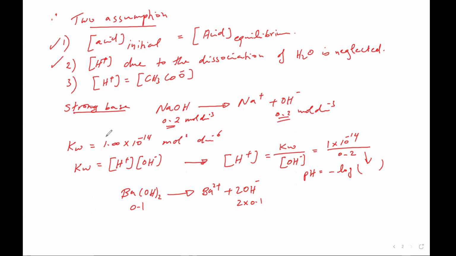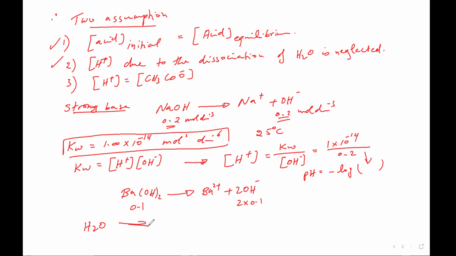Now the Kw has a specific value at 25 degrees Celsius. What happens to the Kw value when the temperature increases? We know that pure water is dissociated only very, very slightly into hydrogen ion and hydroxide ion.